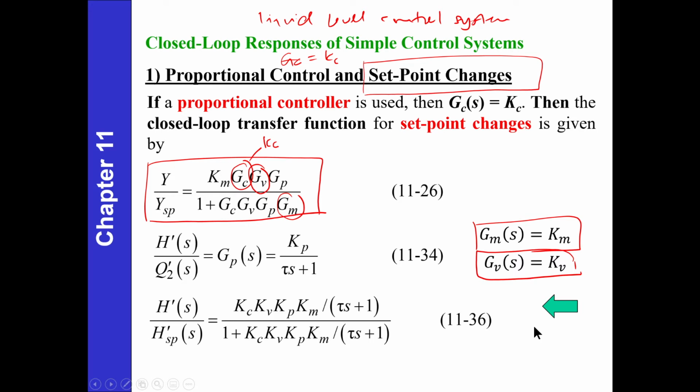Okay, so this is the GP. We have to substitute here, until you get this one. Substitute GC with KC. Substitute GV with KV. Substitute GP with this first order transfer function. This one and this one is KM.